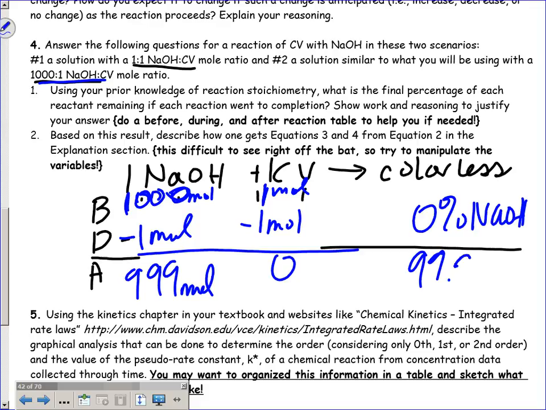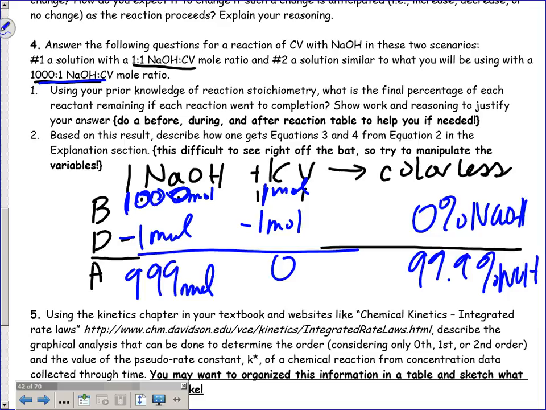So did we really put a dent in the sodium hydroxide on the second round? No. So does the concentration of sodium hydroxide change over this particular example? If 99.9% remains, heck no, 0.1% was used. The concentration is basically the same.